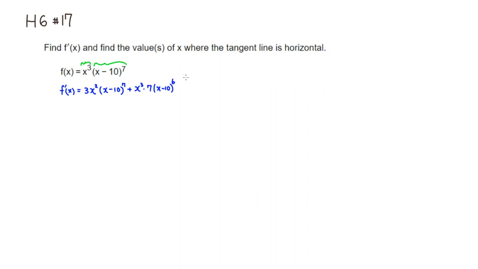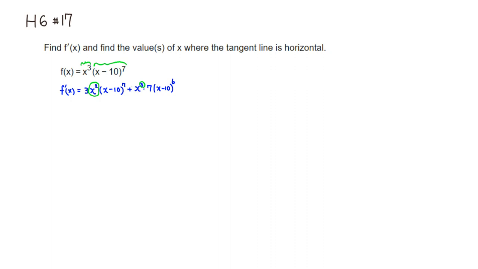Then the next thing is we need to simplify this a little bit. Try to pull out as many common factors as possible. It looks like there is x squared here, and there's actually x cubed, so I'm going to circle this to indicate that there's another extra x sitting there.